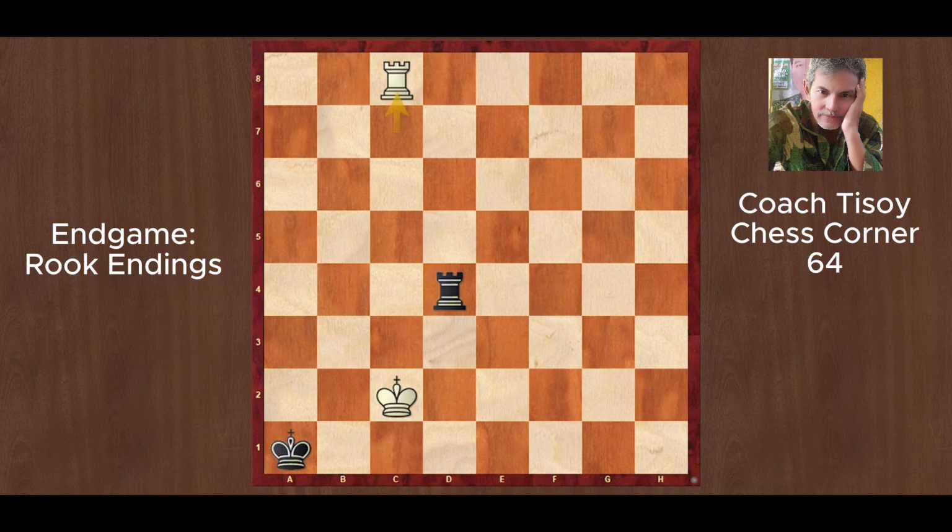Now, white threatens rook a8 checkmate. So, black's move is forced, which is rook a4, covering the check. But after the simple king b3, this time threatening mate on c1, black loses his rook and the game.